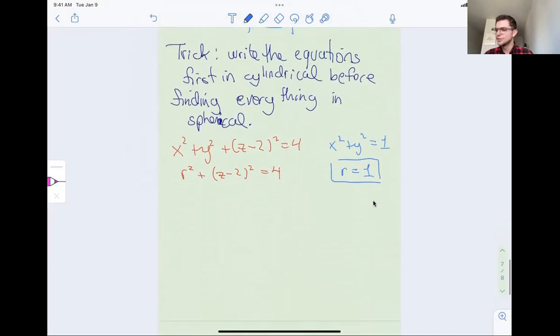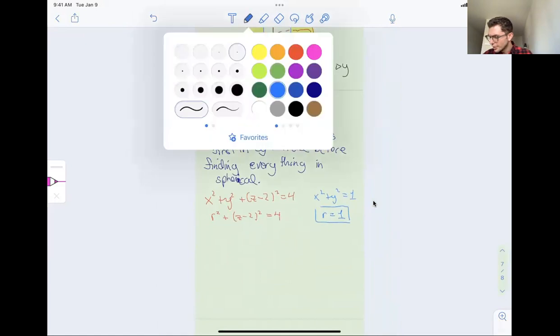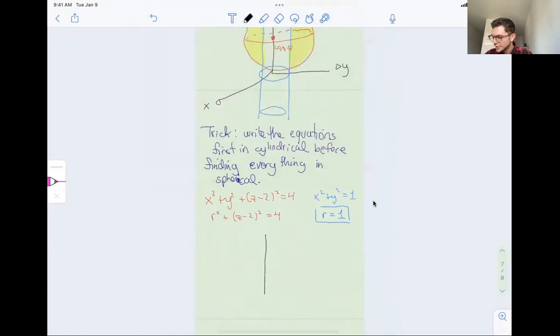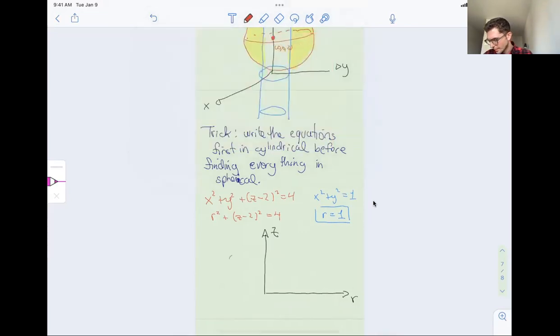So why is this useful? Because if you go first through cylindrical, then you can draw this cross section, I don't know if that's the name that I gave them last time, on the rz plane, right? So if you draw this here, this is what you get from these pictures.